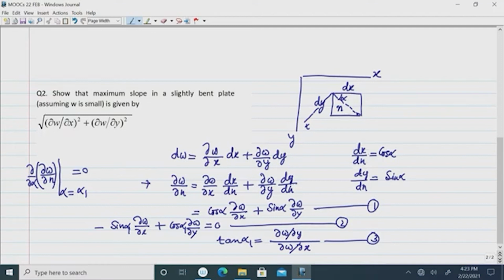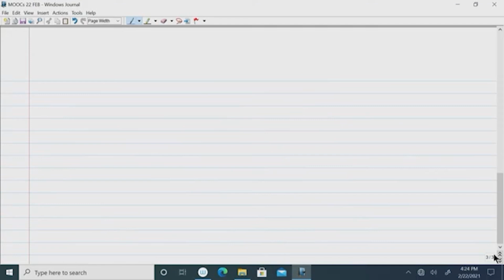Now, if I substitute the angle alpha in equation number 1, then we will be able to get for that particular direction the slope which will be maximum, because we are imposing the condition. Before substituting, let us first express tan alpha 1 in terms of sine and cosine. So, tan alpha 1 we obtained as del w by del y divided by del w by del x.